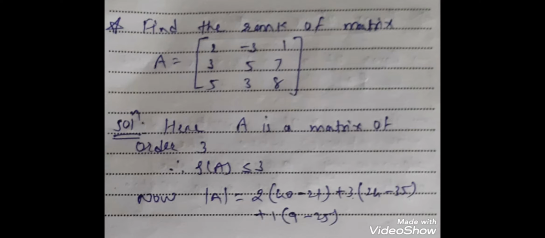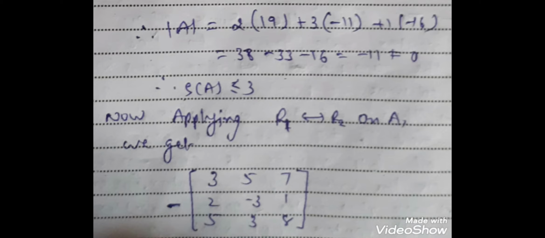Its simplification gives 2 into 19 plus 3 into minus 11 plus 1 into minus 16, so the determinant of A is minus 11, and it is not equal to 0. So the rank exists, and it is at most 3, that is, rho of A is less than or equal to 3.